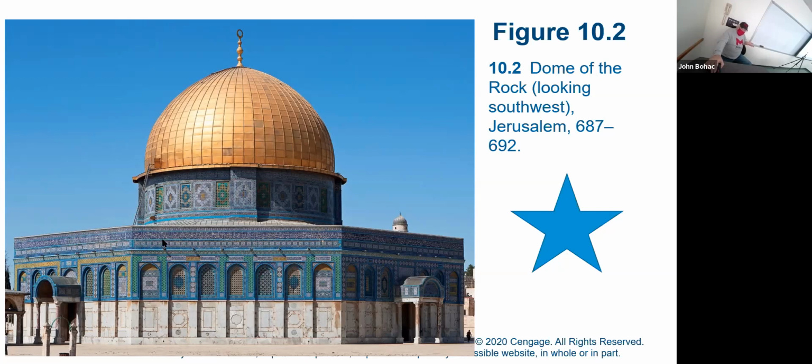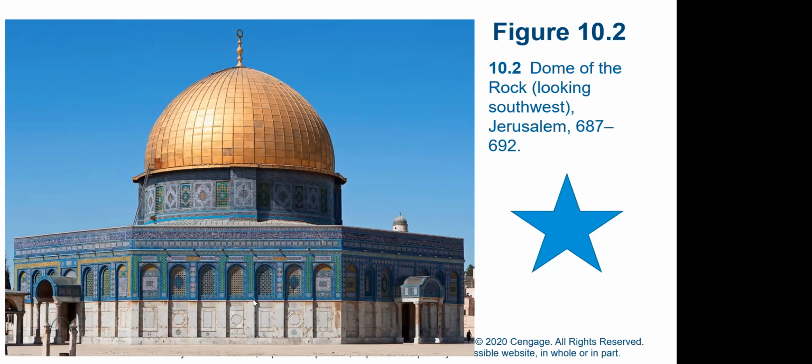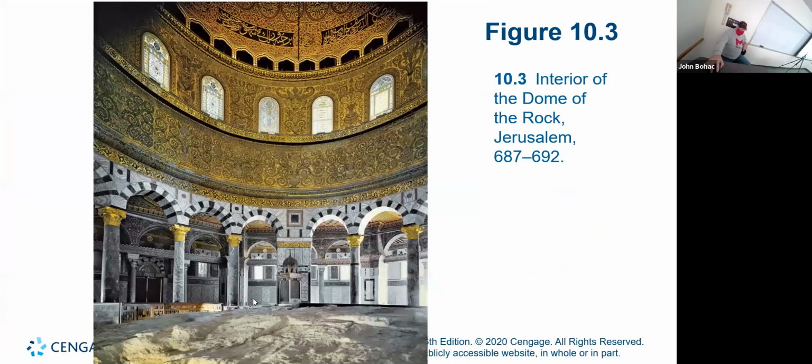Well, that's the same shape as San Vitale in Ravenna that Justinian built. So it has a lot of similarities to Greco-Roman and Byzantine architecture, but there are significant differences.